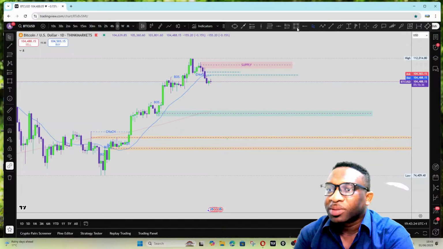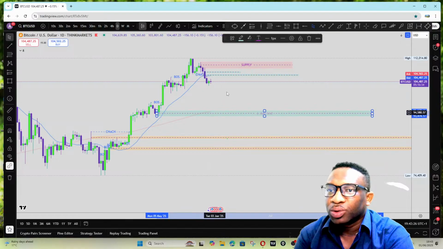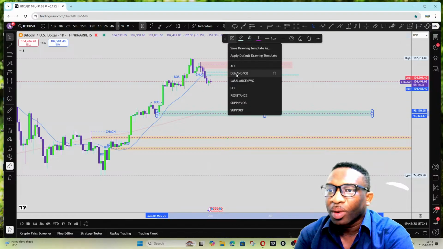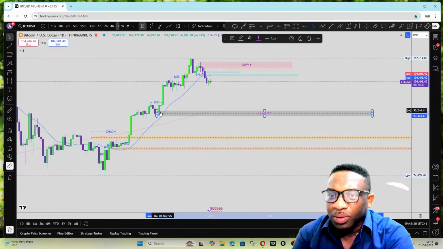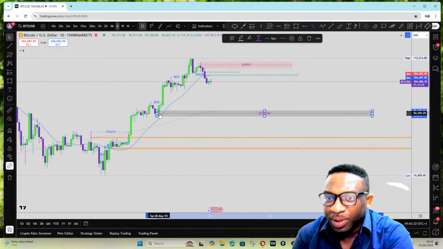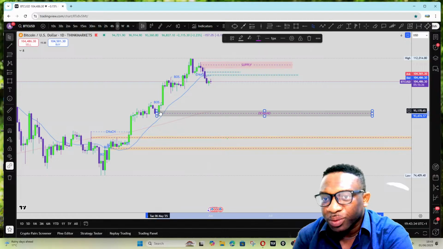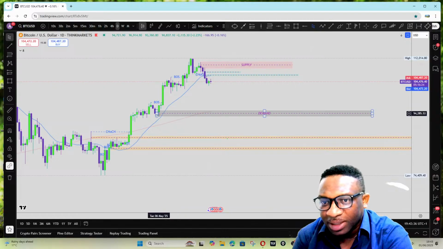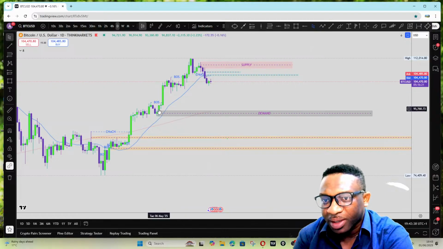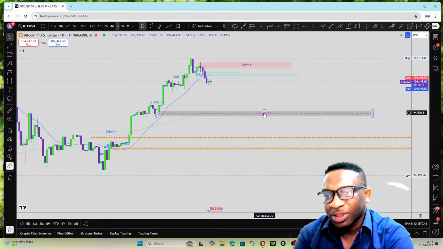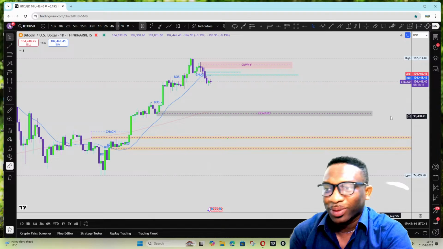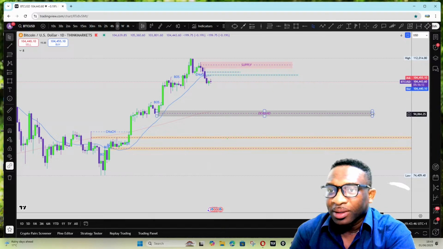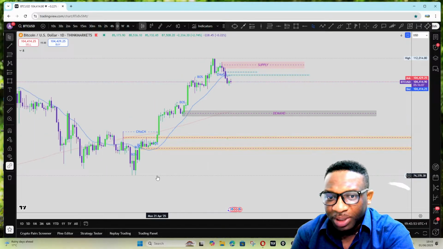We expect price to trade back into here, as there are also some imbalances attached to this area. There's a small imbalance here. This hasn't been tapped into yet, so it's a pending one. It's a potential area of interest to take a possible buy from there.